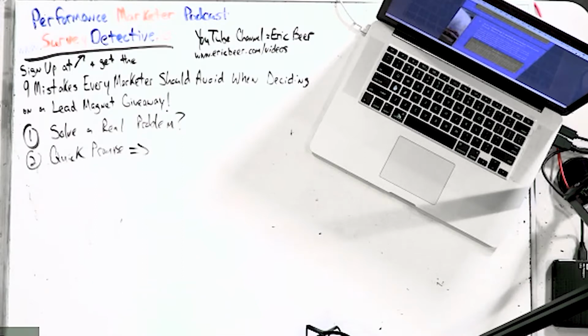You don't want to give them a whole long 400-page report, right? It's going to take them forever to get through it. It's something that you want to be able to give them that is quick, easy, digestible, and it's something that they think they need and they definitely want. So quick promise, give them what they want.